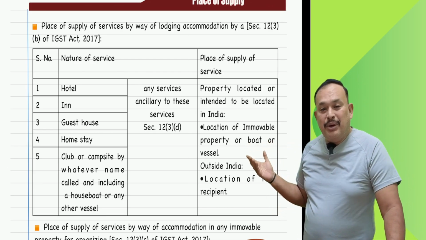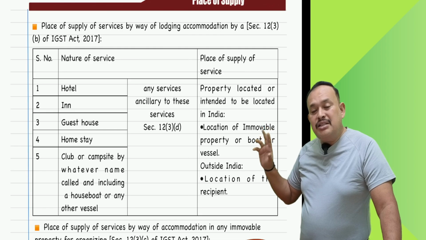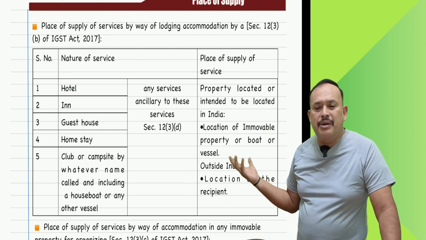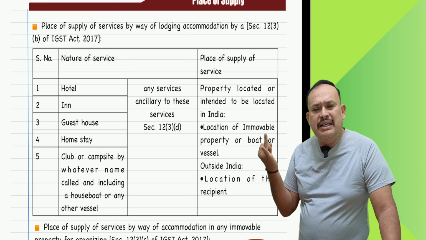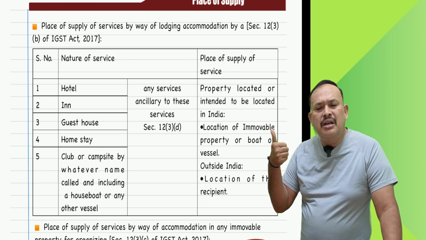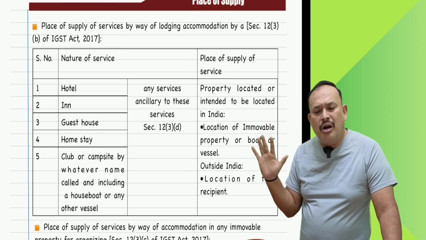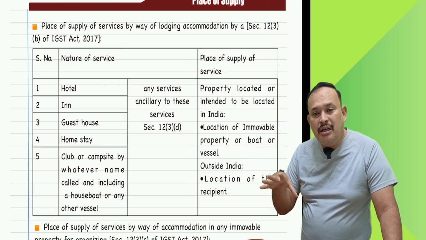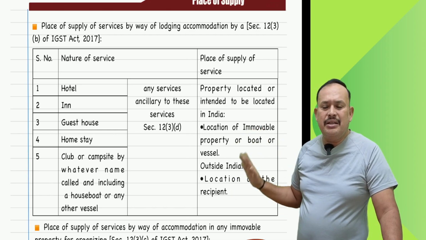See what a great point here. Lodging accommodation means short-term accommodation in a hotel, inn, guest house, homestay, club or campsite, whatever name called, and including a houseboat or any other vessel.